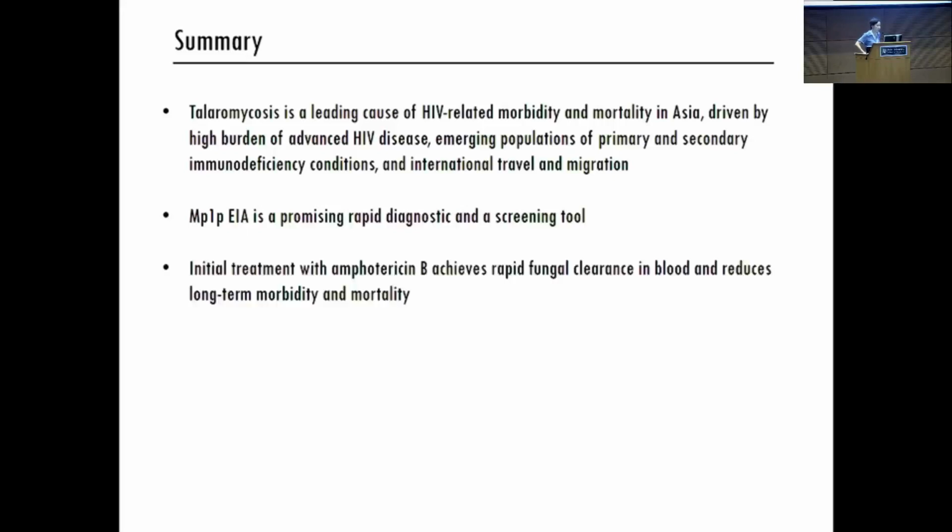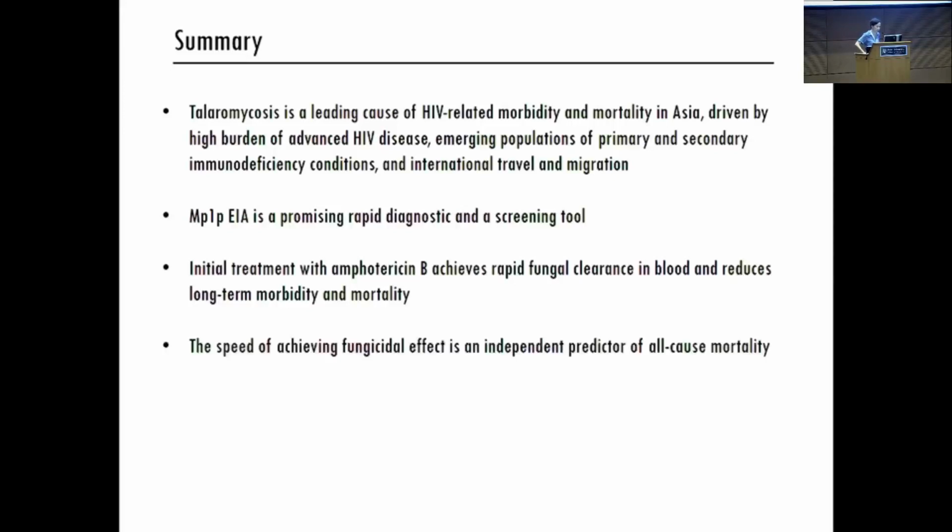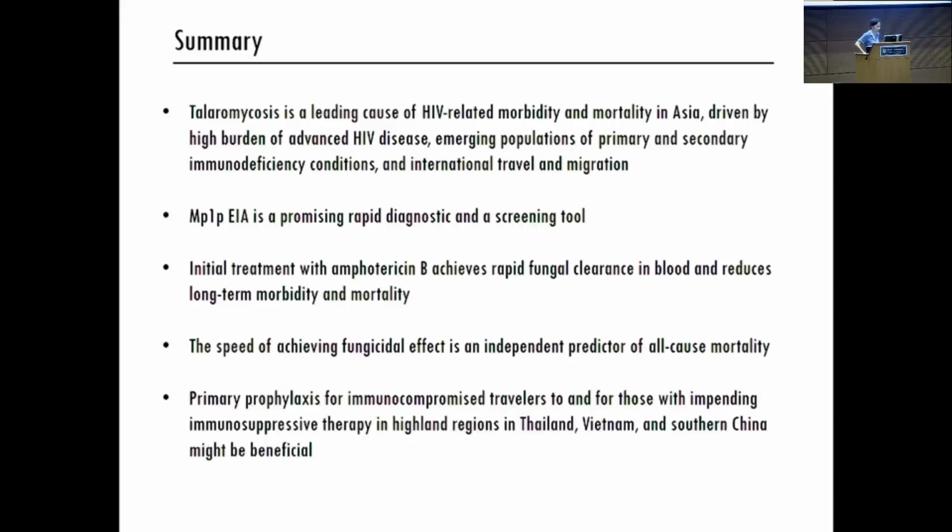Initial treatment with amphotericin B achieved rapid fungal clearance in blood and reduced long-term morbidity and mortality. And the speed of achieving the fungicidal effect, as identified by our CFAR students, is a very important predictor of all-cause mortality, and that could be a surrogate marker for further trials.